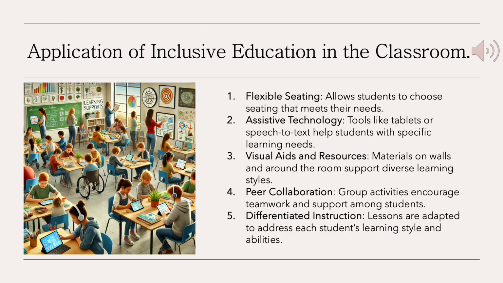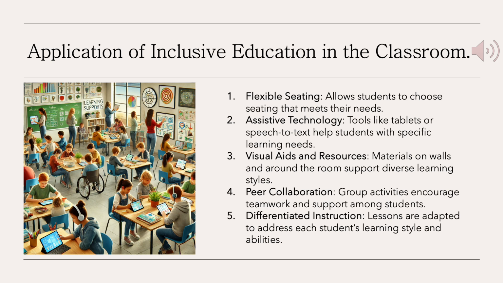How can inclusive education be applied in a typical classroom setting? Imagine a classroom where students have diverse learning needs. To ensure all these students can participate fully, a teacher can apply a range of inclusive strategies. For instance, the teacher might use flexible seating arrangements, allowing students with mobility challenges to move freely, while also providing visual aids and assistive technology for students who need additional support.